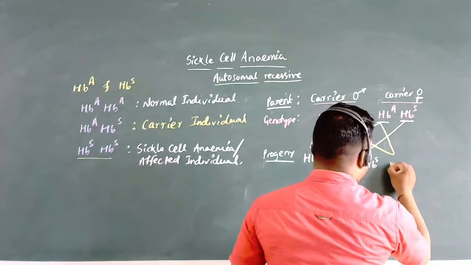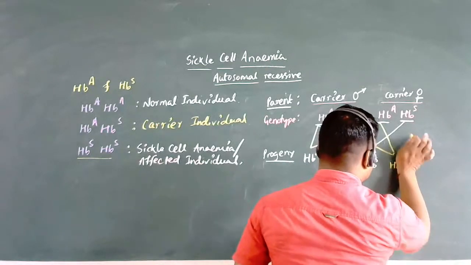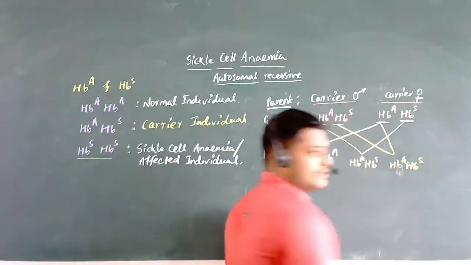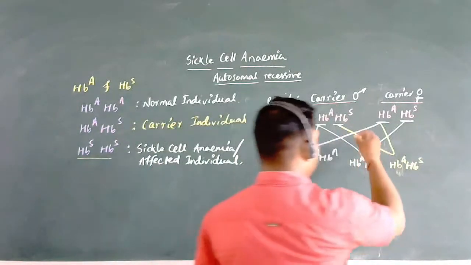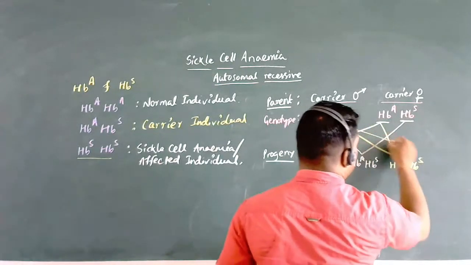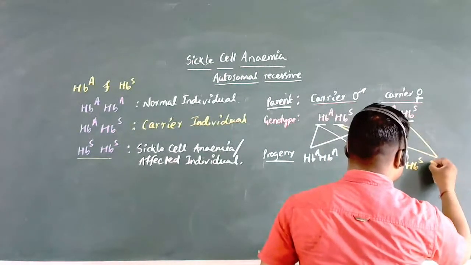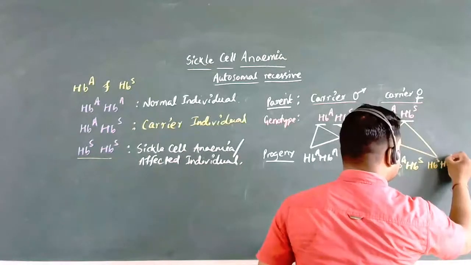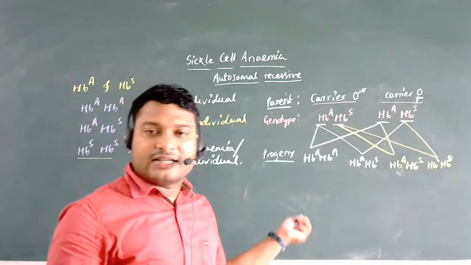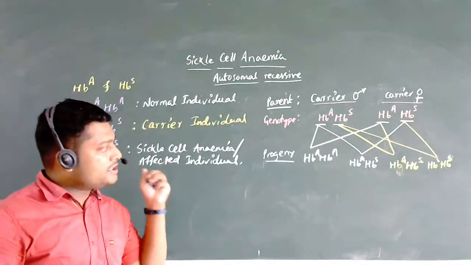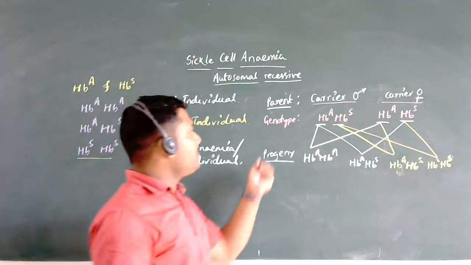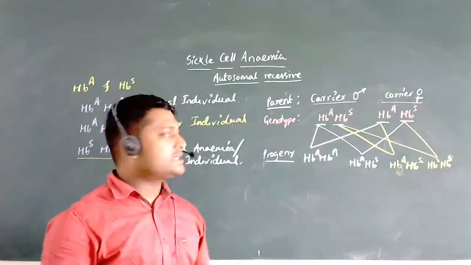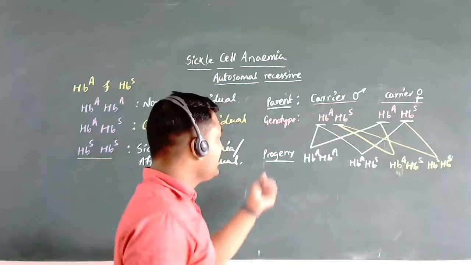You get again HBA HBS. And finally, you take the second and second from both, that is going to be HBS HBS. So these are the different genotypes that are possible from this particular parent when we are talking about the carrier.